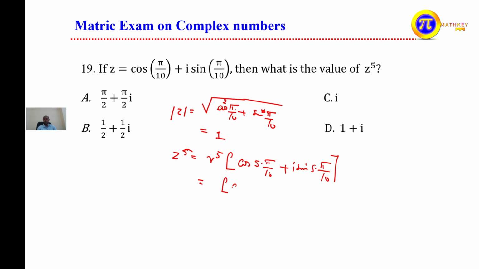So it becomes cos of 5 pi over 10, that is pi over 2, plus I sine of pi over 2. Cos of pi over 2 is 0, sine of pi over 2 is 1. So the value is I. The solution for our choice is C.